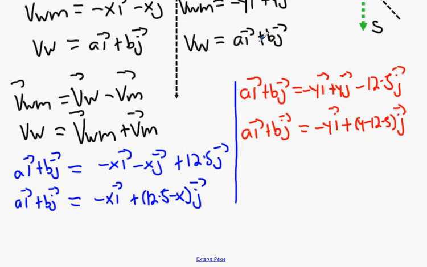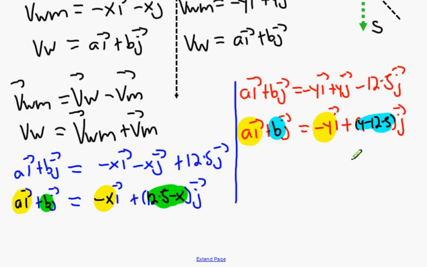What I can tell you down here is that A equals minus X. I can tell you that B equals 12.5 minus X. I can then also tell you that A equals minus Y. And I can also tell you that B equals Y minus 12.5.